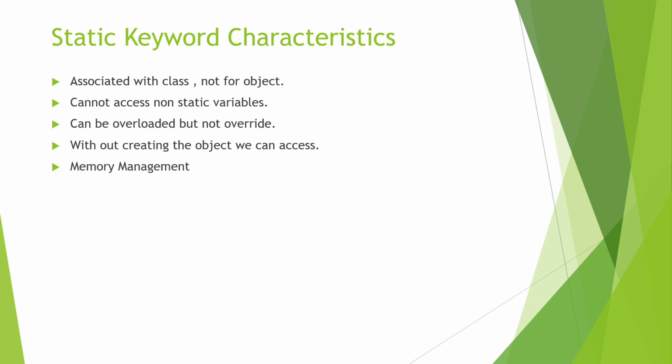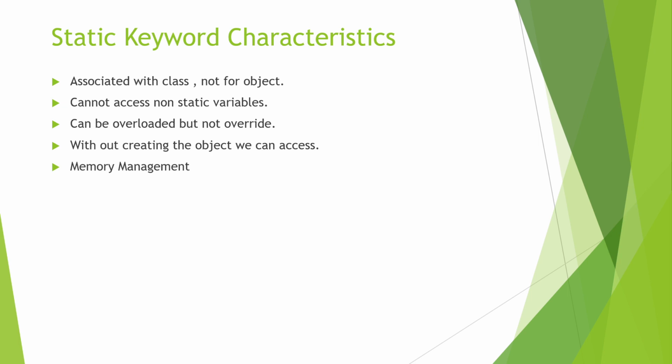This is an important point. Static methods can be overloaded, meaning you can create any number of methods with the same name with different parameters, but they cannot be overridden because they are associated with the class, so we cannot override them in child classes. Without creating the object we can access them.